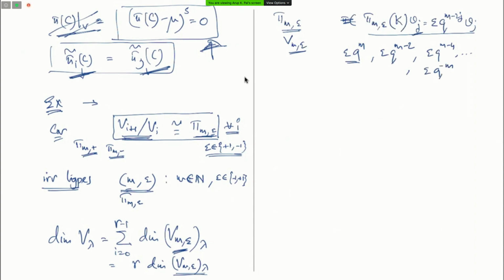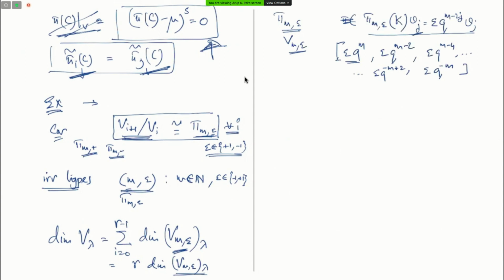So the previous one would have been... so these are exactly the weights that you get in this representation.